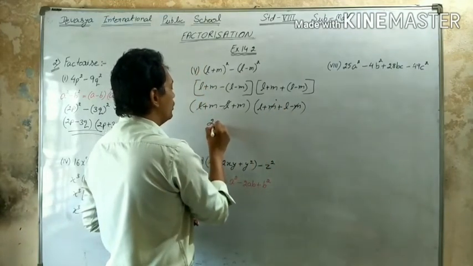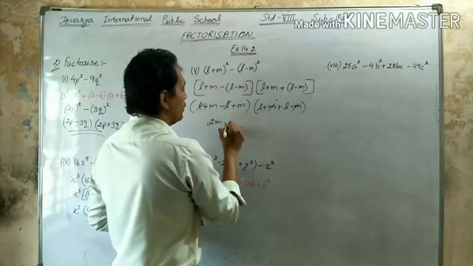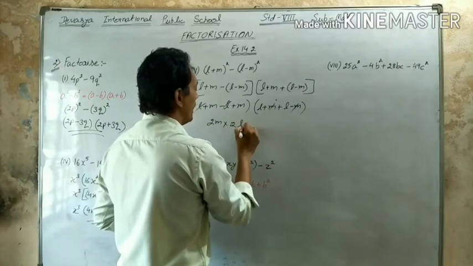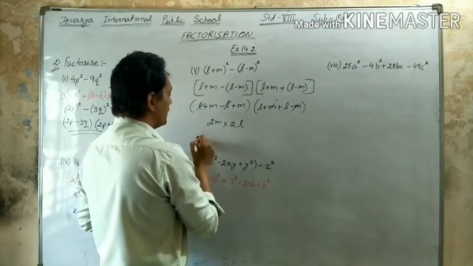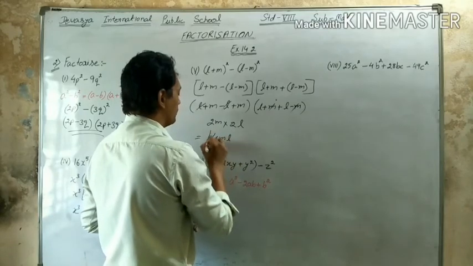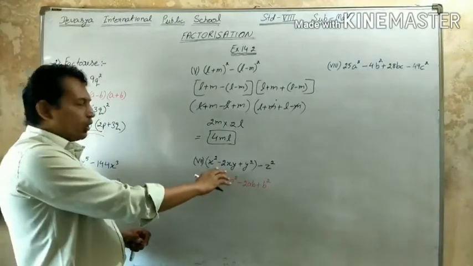So we have 2m, m plus m is 2m, into L plus L, that is 2L. So the final answer is 2 into 2, 4, m, L. This is your answer.